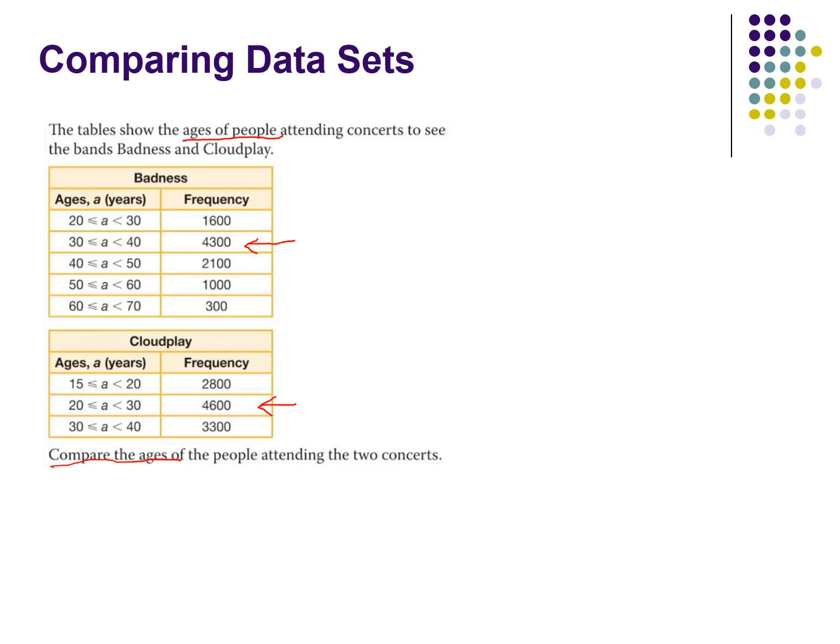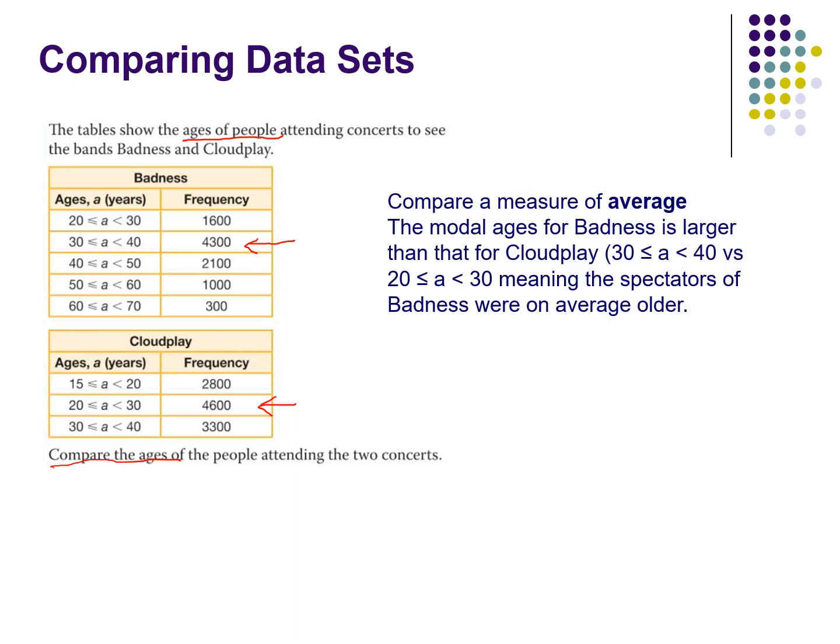So we can quote those two things. But remember, we must answer in context. So the sort of thing that we're looking to say for this is the modal age for Badness is larger than for Coldplay. So it's between 30 and 40 versus between 20 and 30.